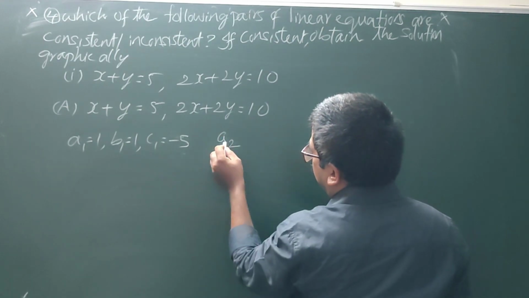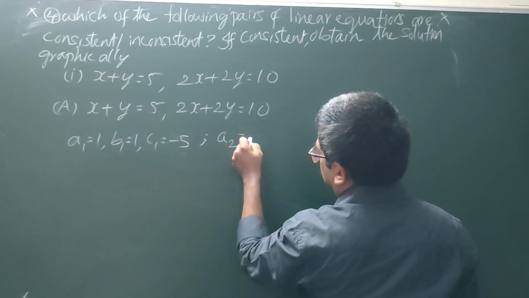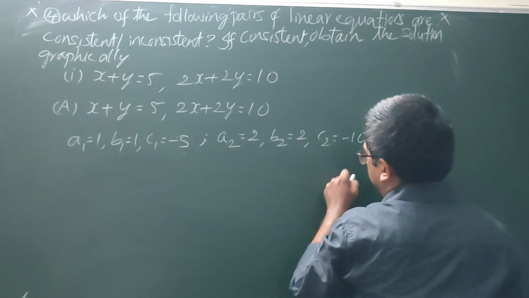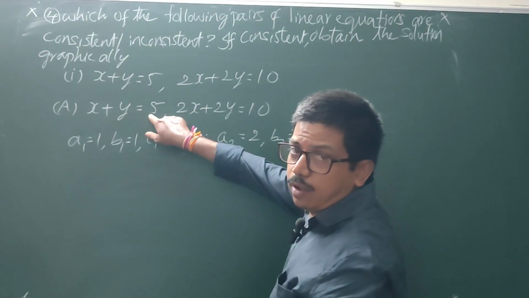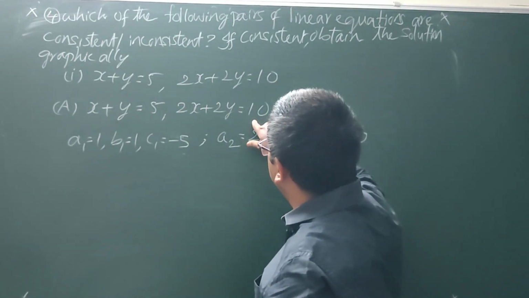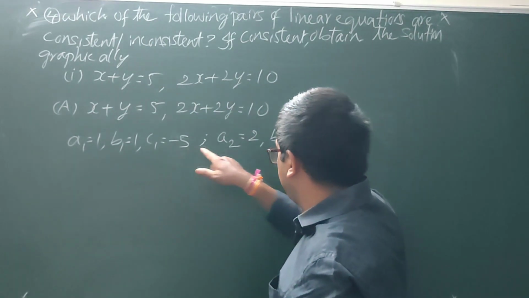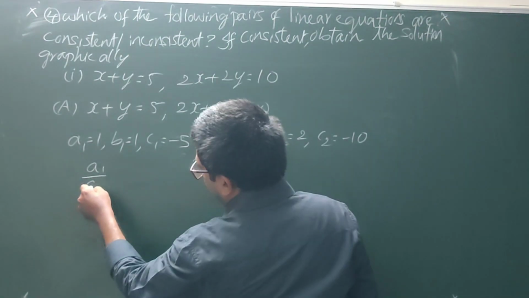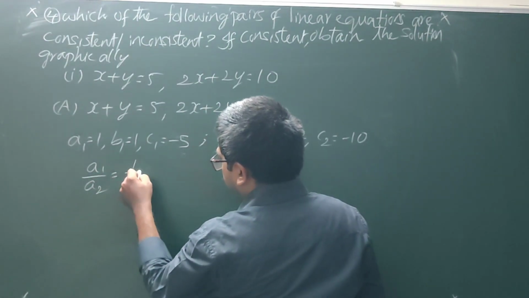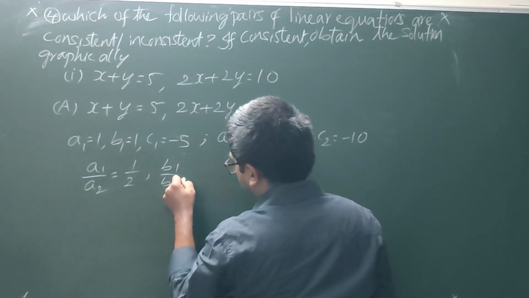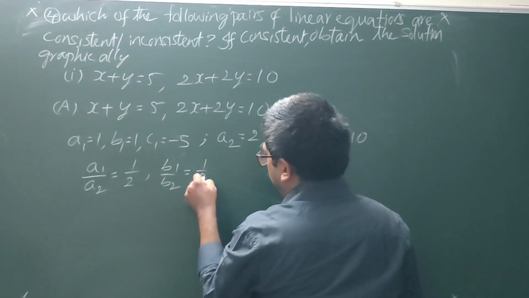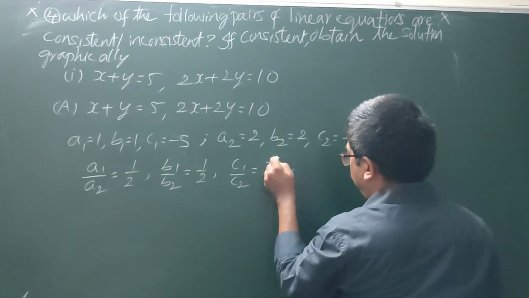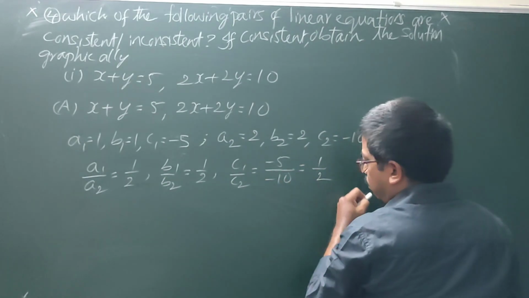Next, a2 equal to 2, b2 equal to 2, c2 equal to minus 10. If the constant is on the right side, just write it by changing the sign of the constant. a1 by a2 equal to 1 by 2, b1 by b2 equal to 1 by 2, c1 by c2 equal to minus 5 by minus 10 equal to 1 by 2.